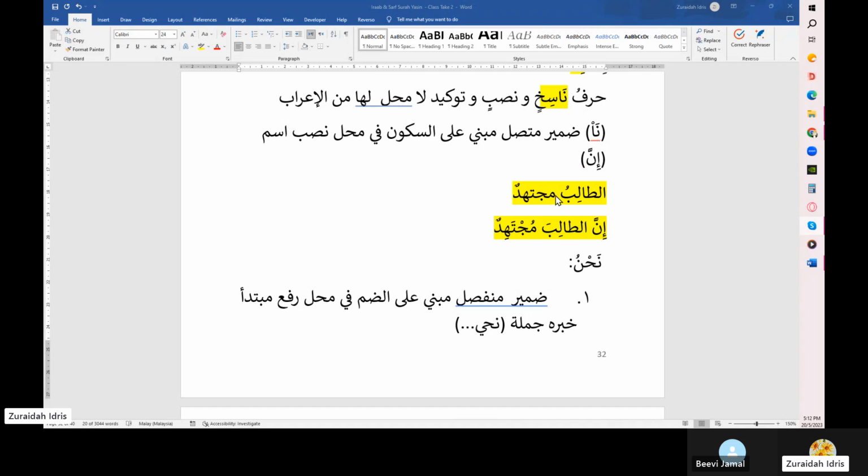And the khabar of the jumla ismiyah is changed into its khabar of inna, but that is still rafa. So this is what nasikh means, to abrogate. It abrogates the jumla ismiyah and makes it into its own. Now back to the nahnu just now.